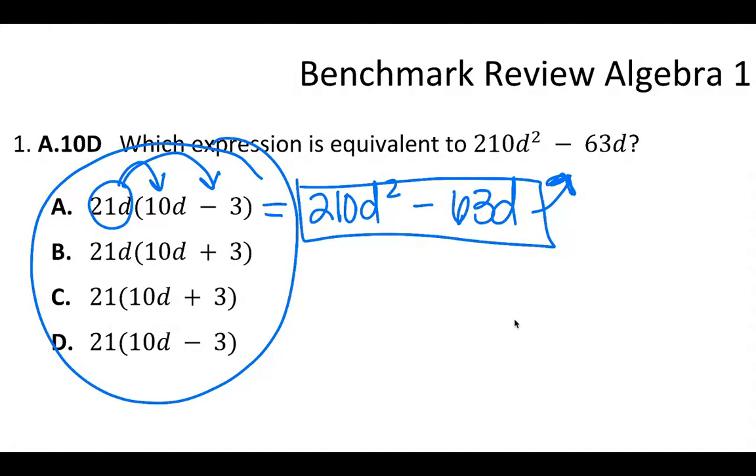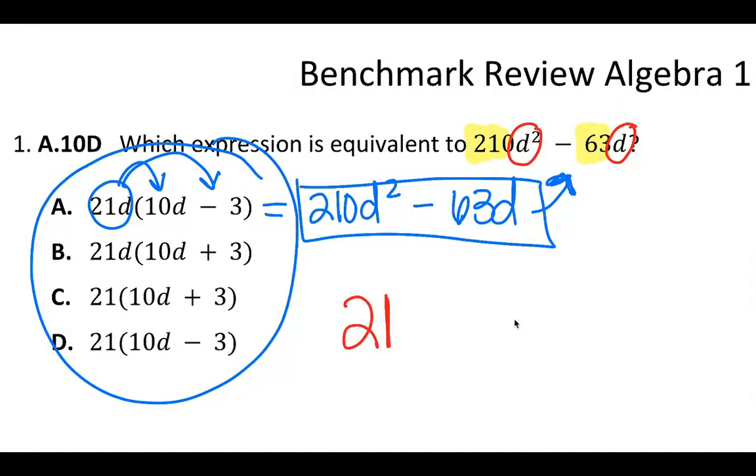Option 2 is to see what you can take out of 210 and 63. What's the biggest number I can take out? That's going to be 21. Then you look at your variables, and you want to take out the smallest one, because I can't take out 2d's since this one only has 1d.